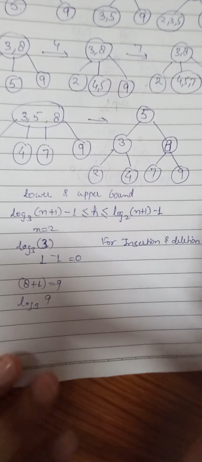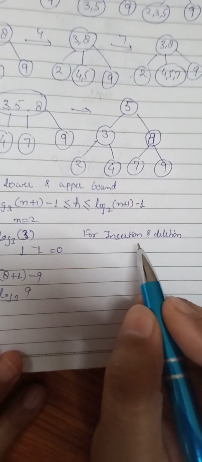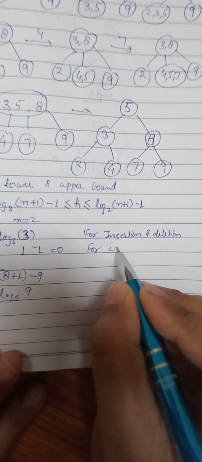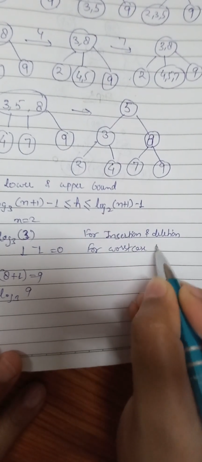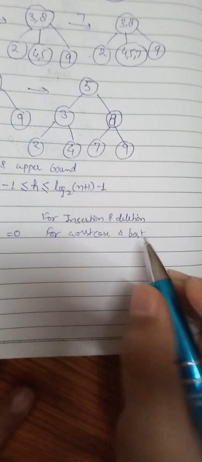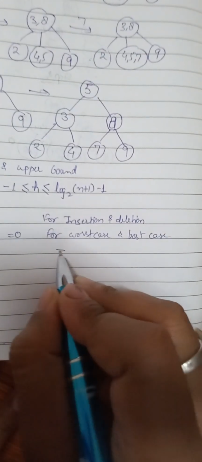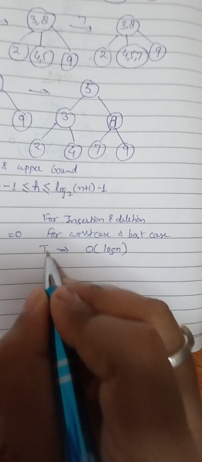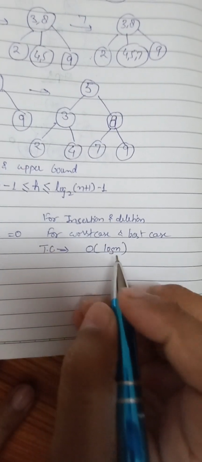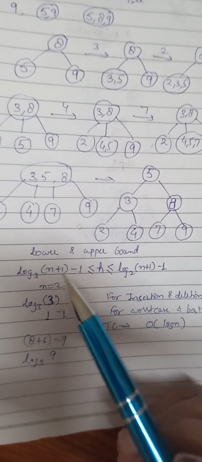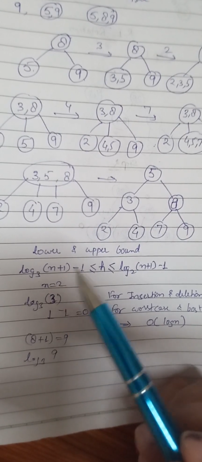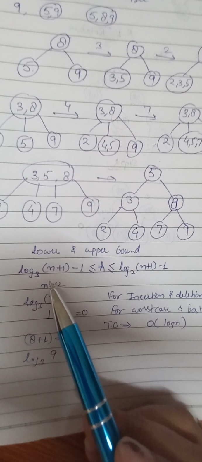For worst case and best case, in all conditions, the time complexity will be order of log n, because everything is based on the height, and the height is based on the log value. As we are able to see, depending upon the n value, it will give us the level, either for a 3 tree or a 2 tree.